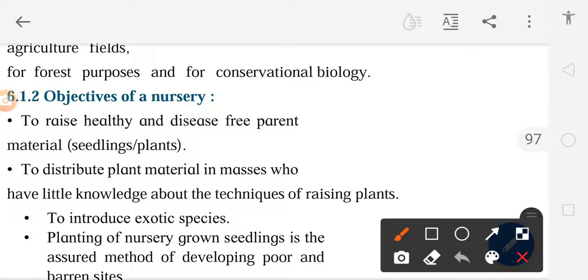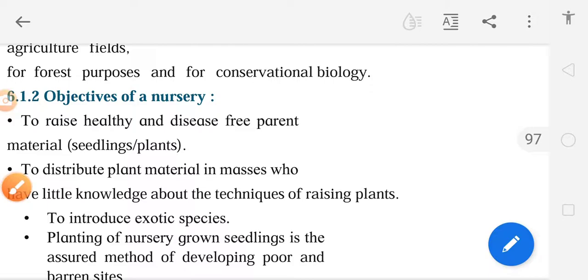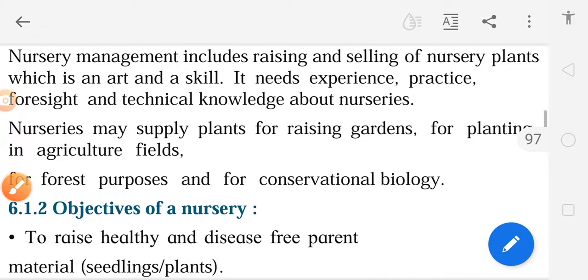Now in this case of objectives, we have to first of all raise the healthy and disease free parent material. Which are the parent materials? Parent materials means root stock, and these root stocks are to be developed in the nursery, and those should be of very good quality.